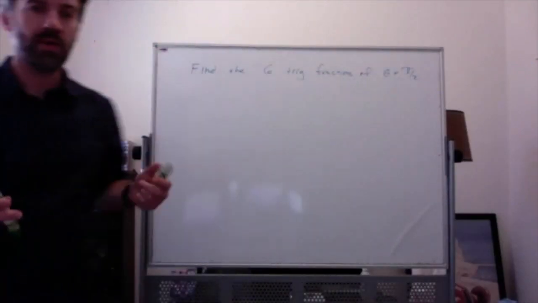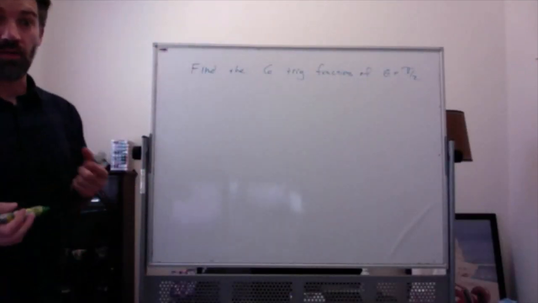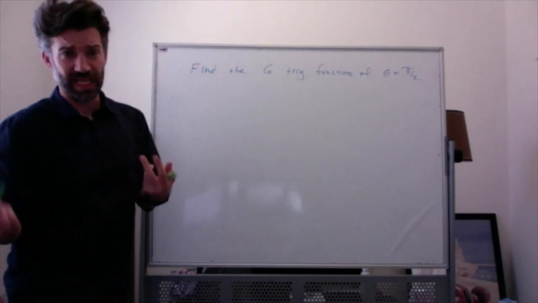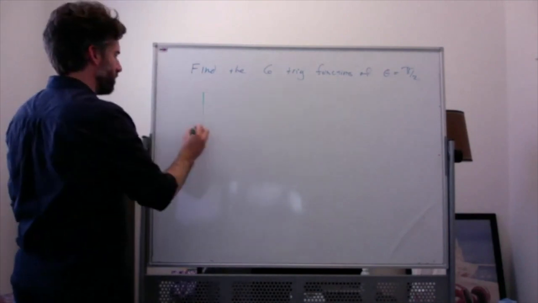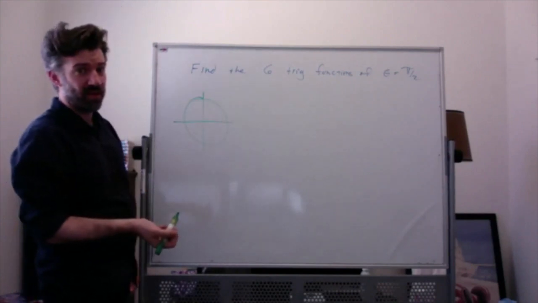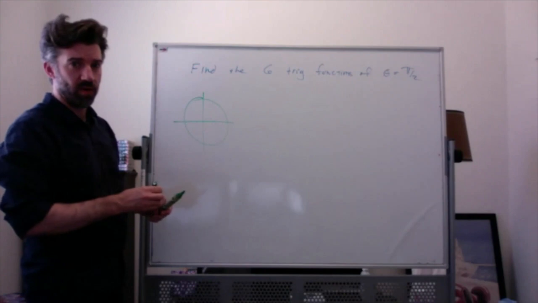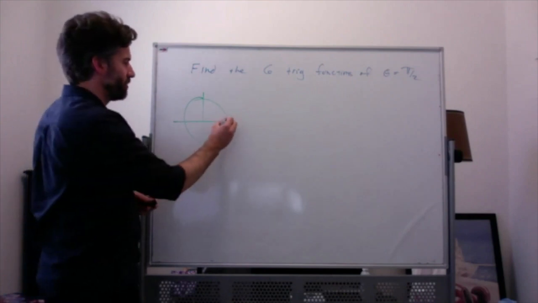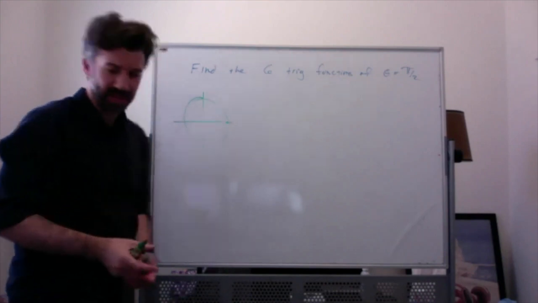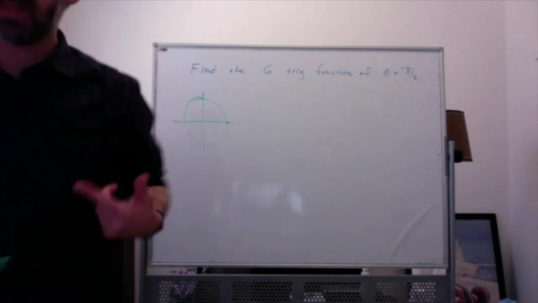So when I want to find the 6 trig functions of a quadrantal angle, I'm going to draw the unit circle. And I'm really going to draw a lazy unit circle. So there's my unit circle. And all I really care about on the unit circle are the 4 points. And I'm going to say something that I've said for a while, and it always sounds terrible.